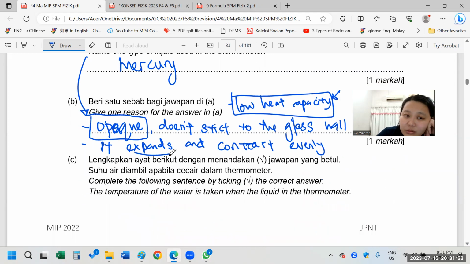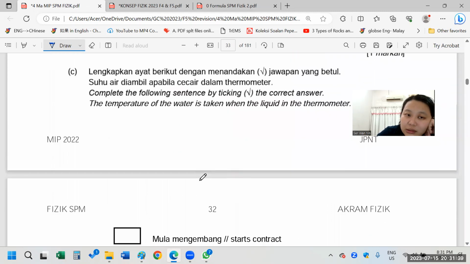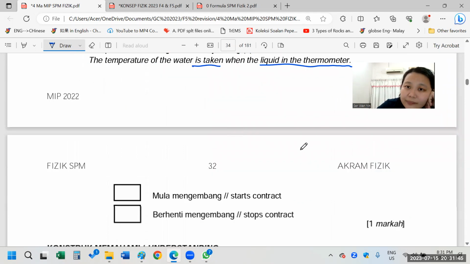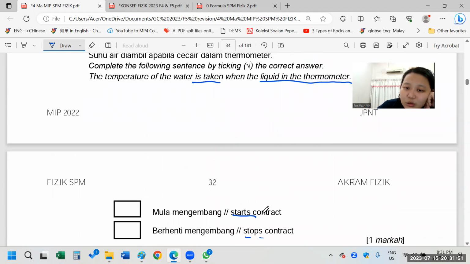Okay, so complete the following sentence. The temperature of water is taken when the liquid in the thermometer starts contracting or stops contracting. Sensitive to temperature change. Okay, can. High boiling point. Can. Good conductor of heat.